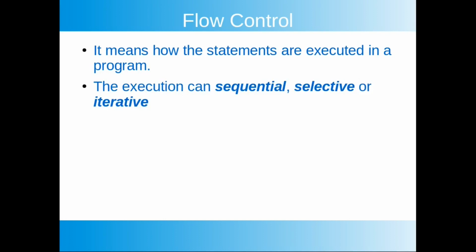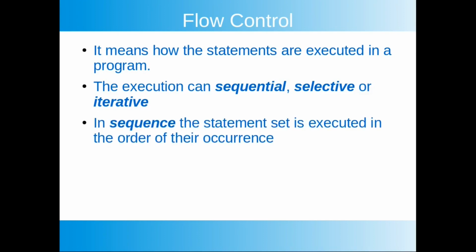Now the execution can be sequential, selective or iterative, and every programming language provides some construct to support the aforesaid flow control mechanism. That is, the programming language provides constructs to support sequence, selection or iteration. So let us see what these terms mean.